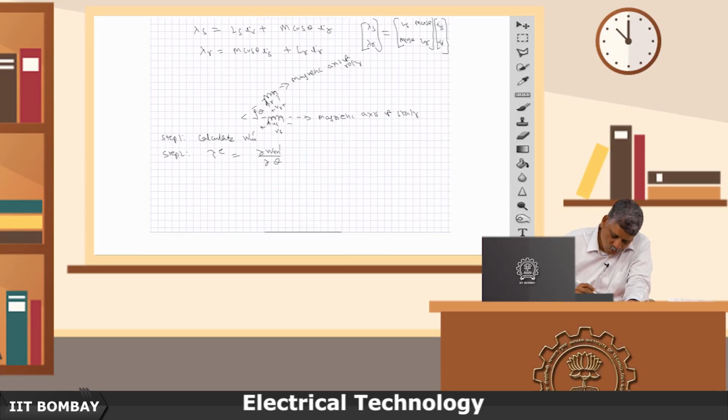Now, how to calculate? So, you again recall that co-energy is path independent, being a conservative field. The integral which is involved in calculating the co-energy is going to be path independent because of the conservative nature of the magnetic field.